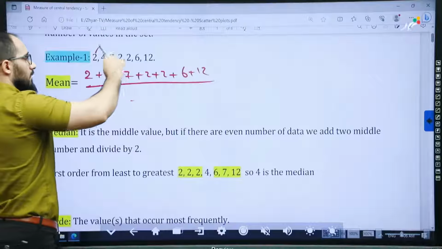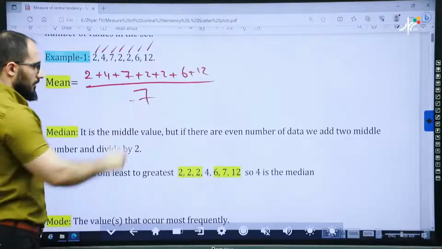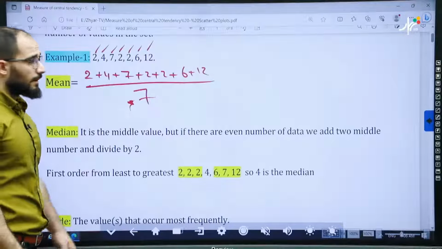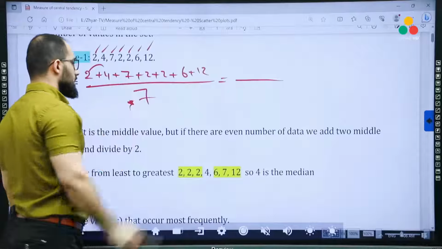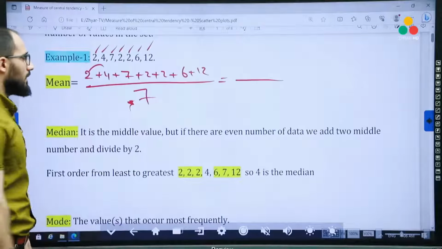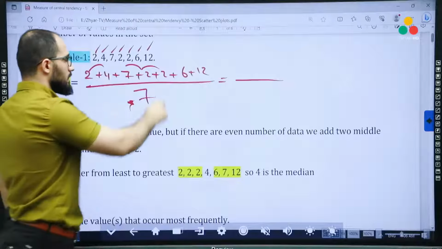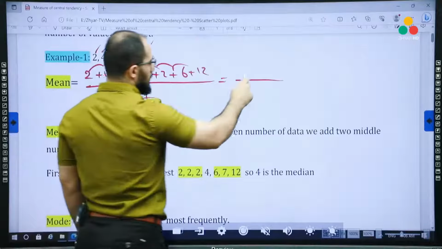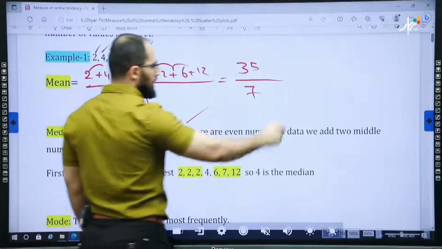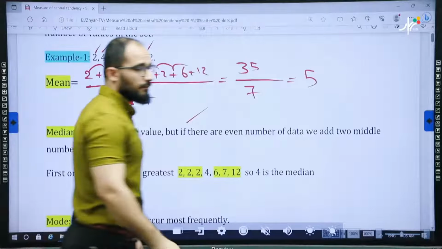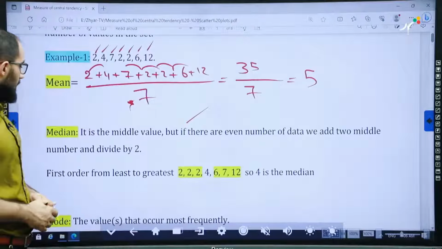The number of the data, 1, 2, 3, 4, 5, 6, 7, divided by 7. Then add them up. 2 plus 4 is 6, plus 7 is 13, plus 2 is 15, then 17, 23, and it's going to be 35 divided by 7. Then the answer is 5. So the mean of the data is 5.